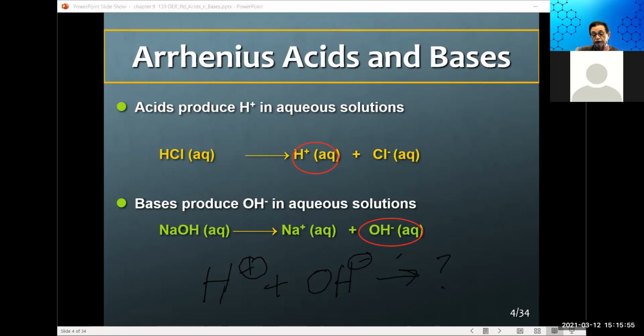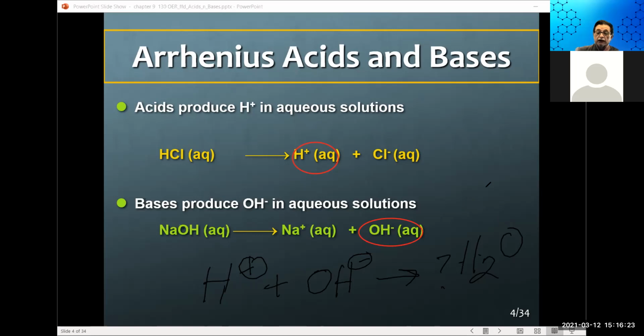That may help. What do you think? You have H plus in your stomach, and you're taking Tums that contains OH. What do you think is happening? You're neutralizing it. Okay. The fact is that a proton plus a hydroxide will always 100% give you water. You have neutralized the acid and the base.